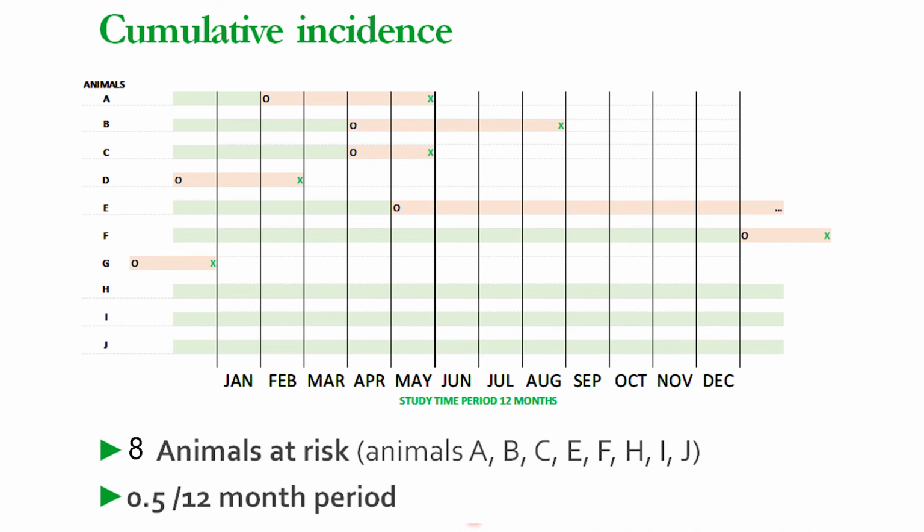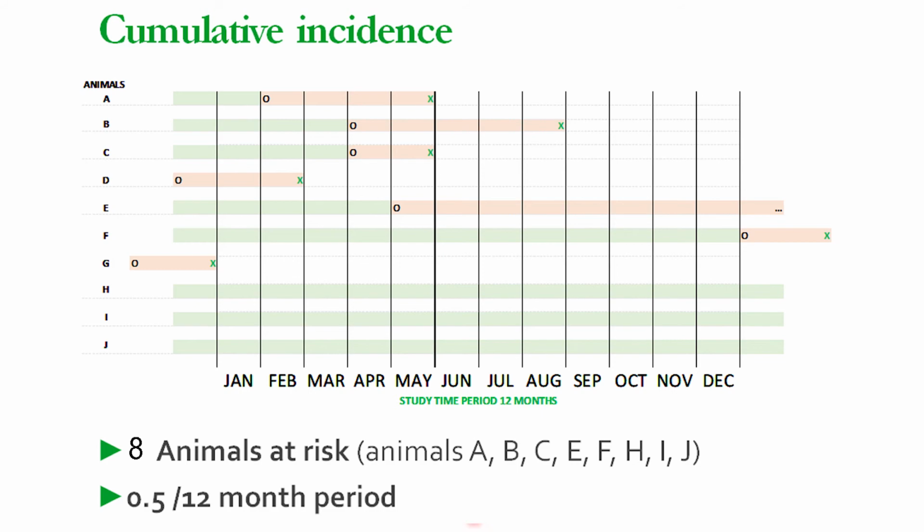G it's not counted because that sheep is not anymore at risk because it has been recovered from the disease. And then the last 3 ones are at risk of developing the disease because they might contract the disease. So in total we have 8 animals at risk, and so the cumulative incidence is 0.5 animals per 12-month period.